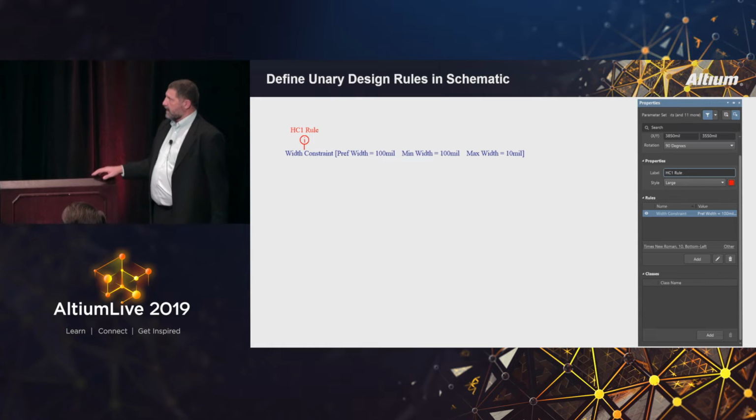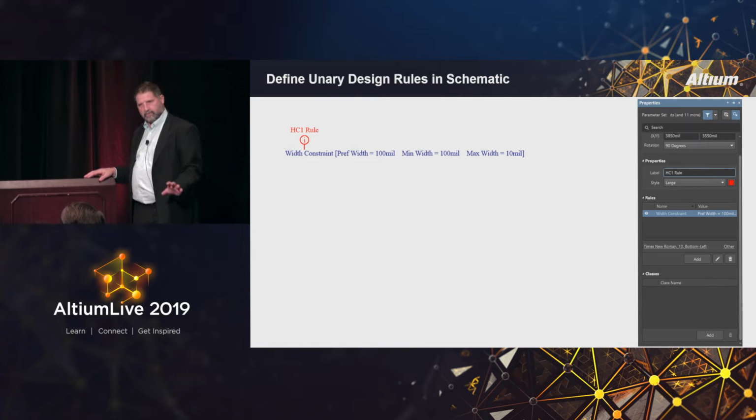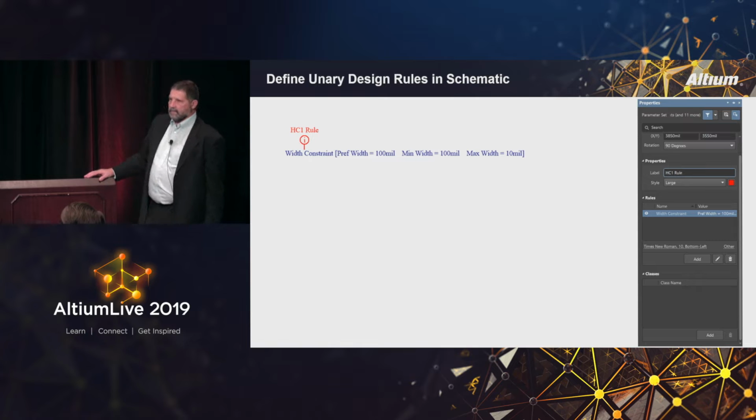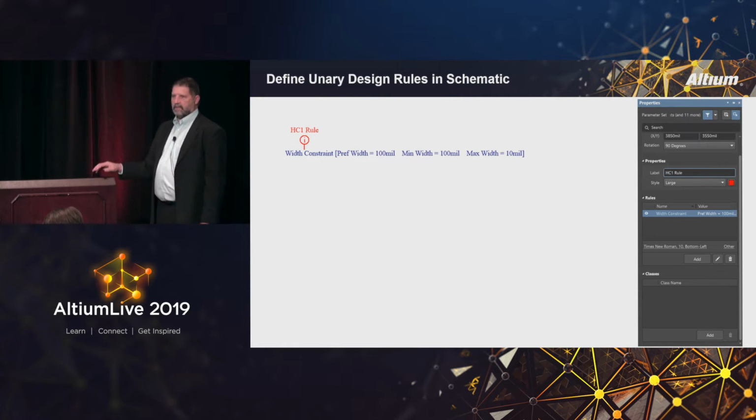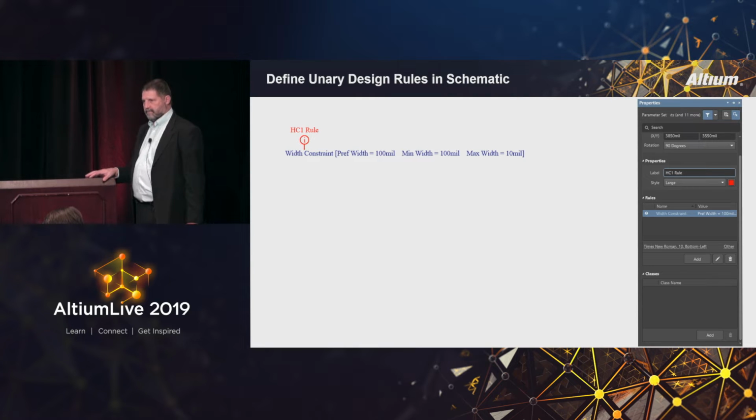Those are going to be your binary design rules, and those are typically placed into the design at the PCB stage. So that's the primary difference between your unary rules and your binary rules: where you enter that rule into your project. Obviously, the more you put into the schematic, the less you're relying on the board designer to pick up and put in during the PCB start phase.